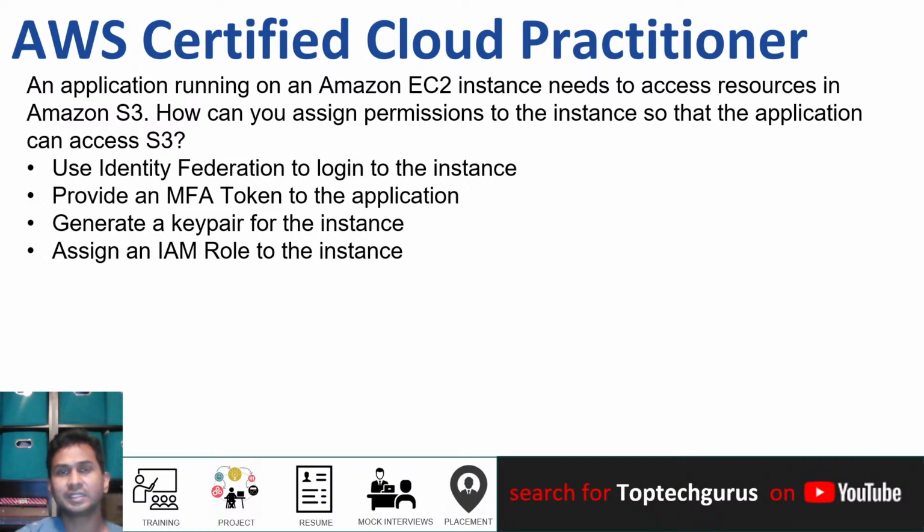But in this instance, it's an EC2 instance which has to connect, not a real user. So it makes sense for it to be a role. If you don't remember that, go back to the first video that we have, where I discussed IAM users and IAM roles, and that if it's a real person, you would typically use an IAM user, and if it's a service, we have to use an IAM role.